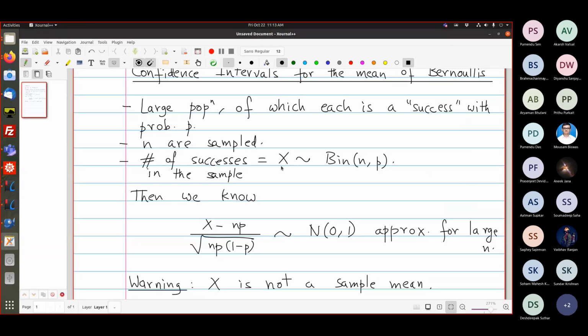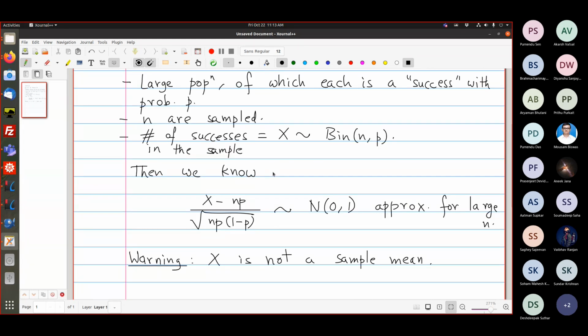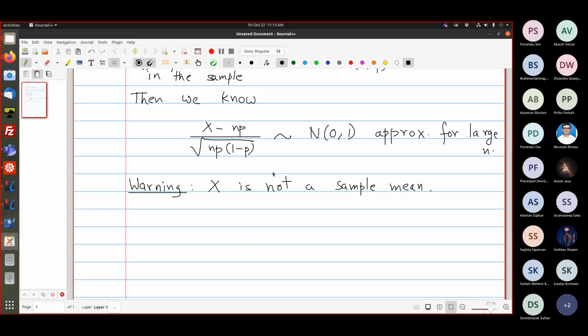So when you want to talk about confidence intervals for Bernoullis, we are not going to take sums. We're just going to count.